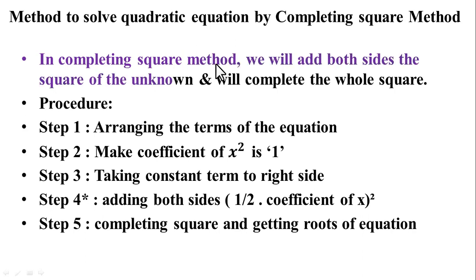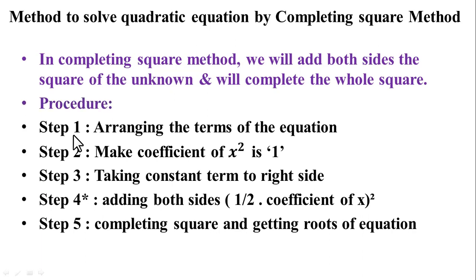In the completing square method, we add the square of the unknown to both sides and complete the whole square. The procedure to find the completing square has 5 steps.